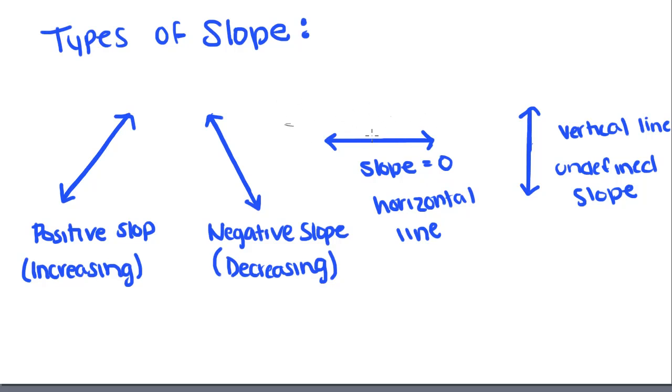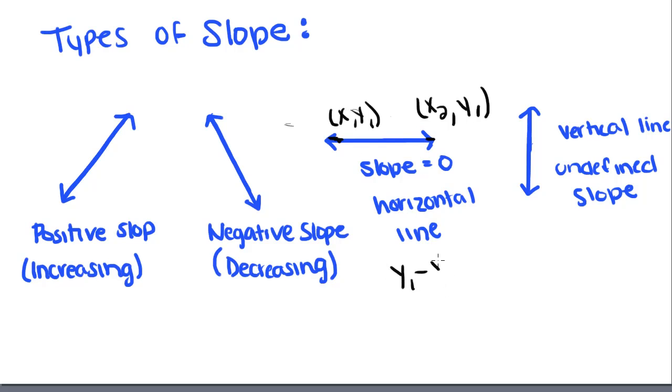It's always a horizontal line because this point right here has a different x value, but it has the same y value, because they're on the same place on a graph.